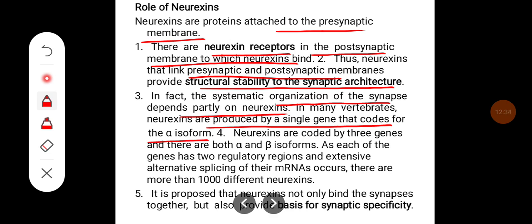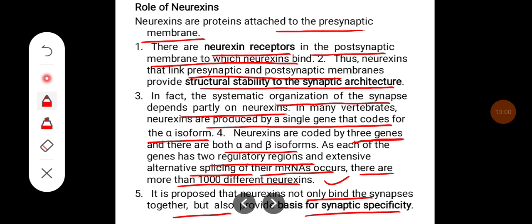In humans, the neurexins are coded by 3 genes, and there are both alpha and beta isoforms. As each of the genes has 2 regulatory regions and extensive alternative splicing of their mRNA occurs, there are more than 1000 types of neurexins. It is proposed that neurexins not only bind the synapses together, but also provide the basis for synaptic specificity.